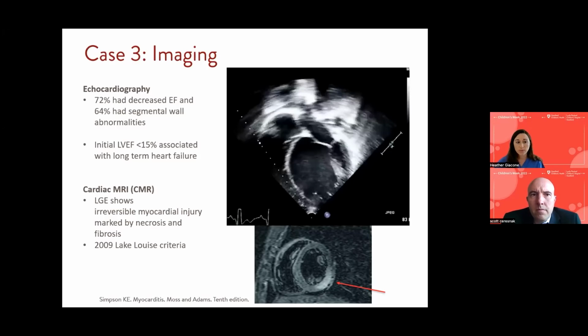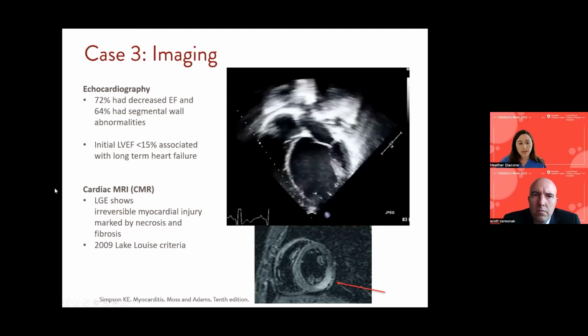About 64% of them had what we call segmental wall abnormalities, meaning that one area of the heart is actually affected more than the others. And you can see this dyskinetic septum, or different regions of where it's affected. An initial, not surprisingly, left ventricular ejection fraction of less than 15%, which is very severe, is associated with long-term heart failure.